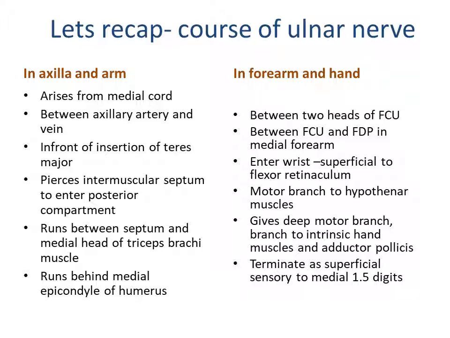It then enters the cubital tunnel running behind the medial epicondyle of the humerus. It then enters the forearm running between the two heads of the flexor carpi ulnaris. It continues between the flexor carpi ulnaris and flexor digitorum profundus in the medial forearm.